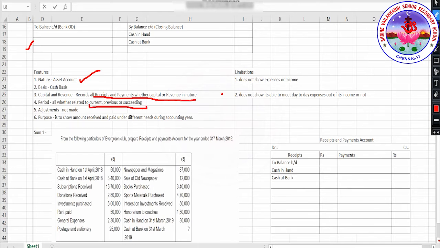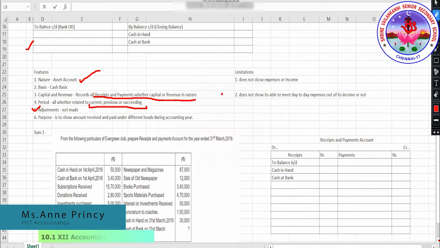Adjustments are not made in the receipts and payments account. Just cash is coming in, record it in the receipt side. If cash is going out, you record it in the credit side under the payment column.